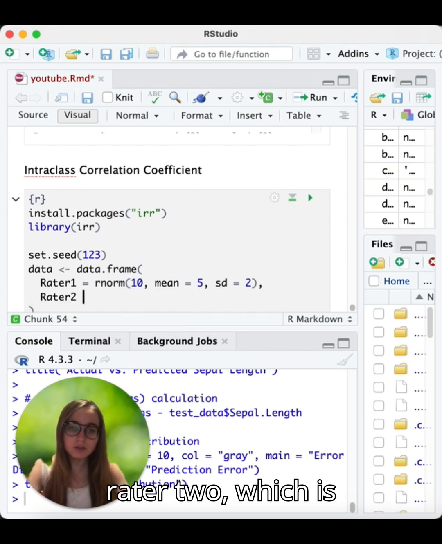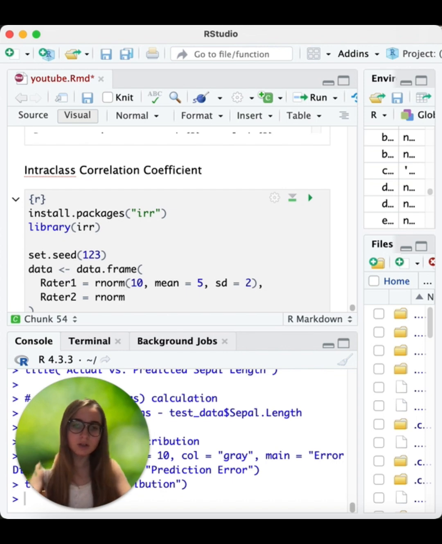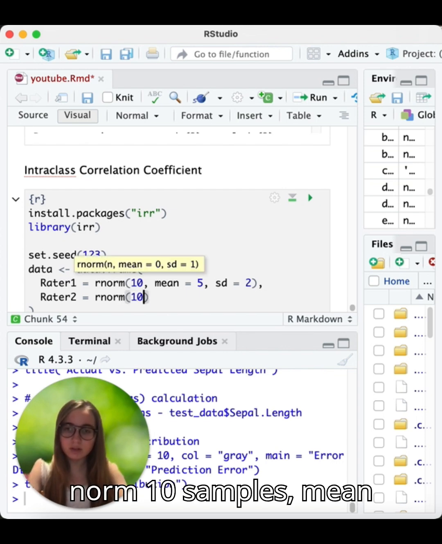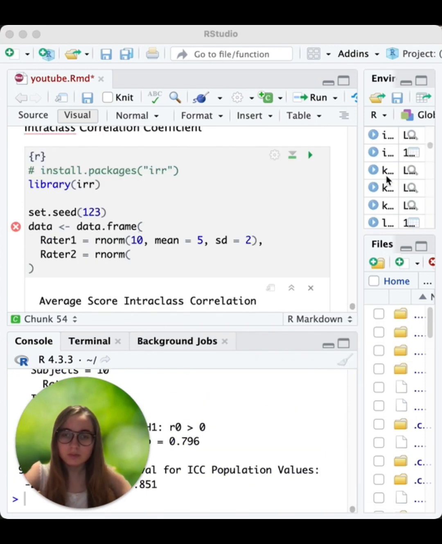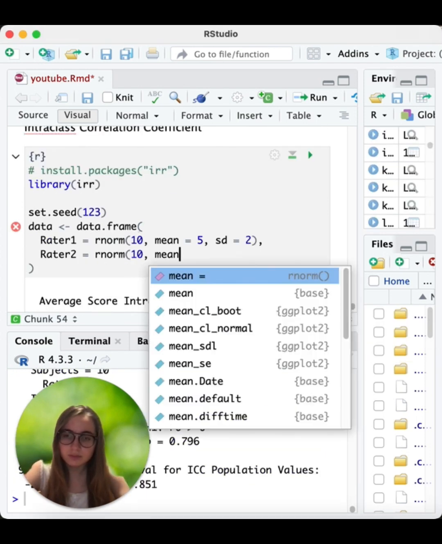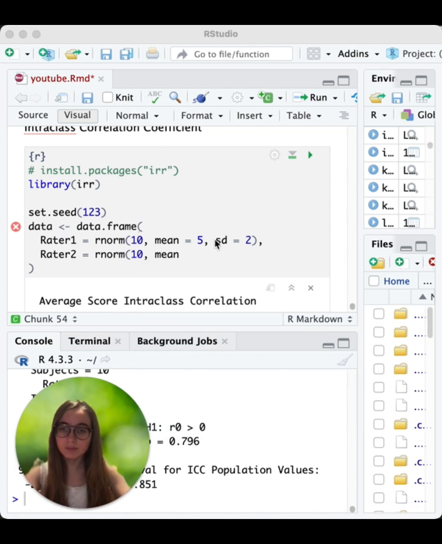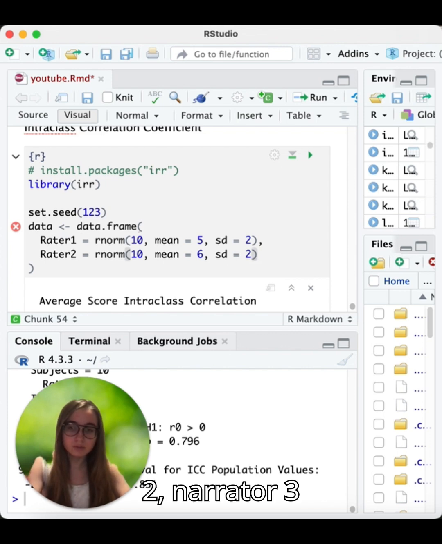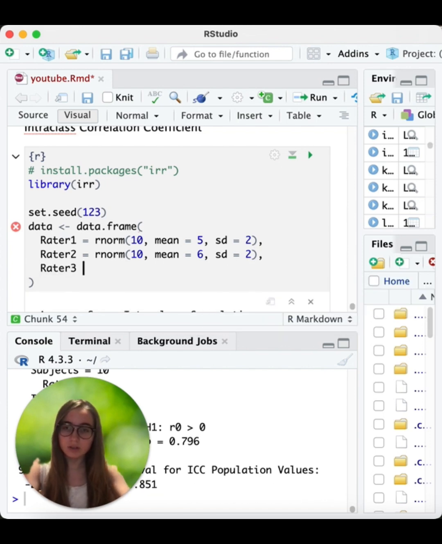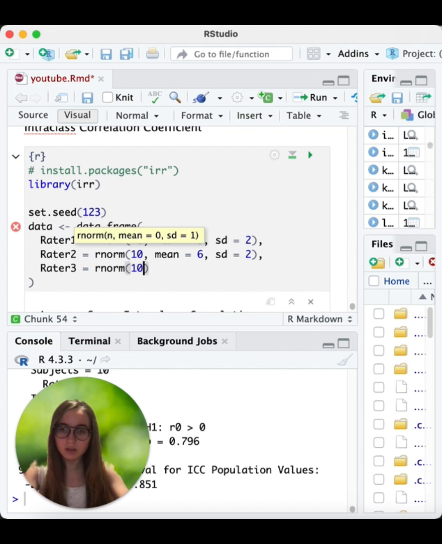Then we have rater 2, which is 10 samples, mean 6, standard deviation 2, then rater 3 is 10 samples, mean 7.